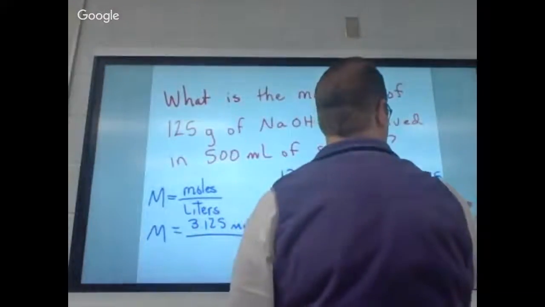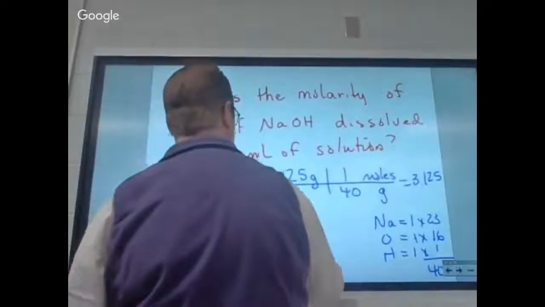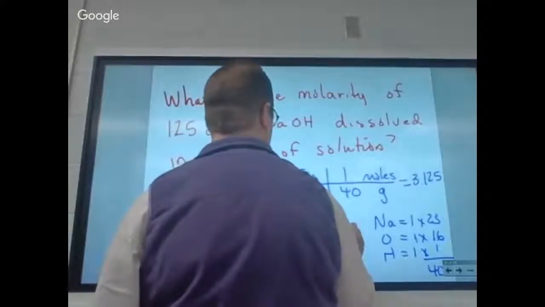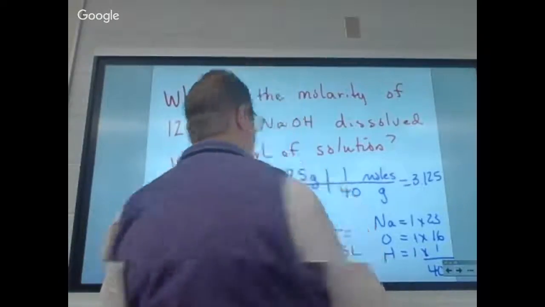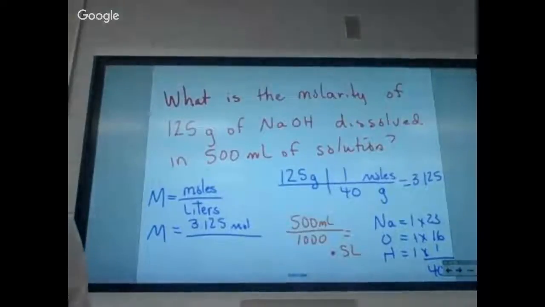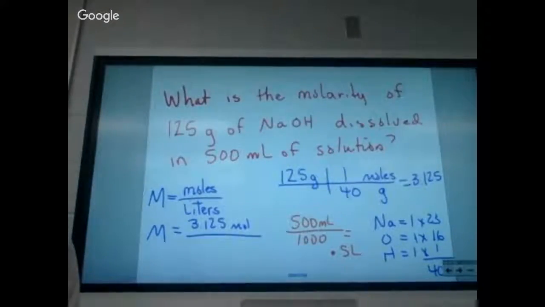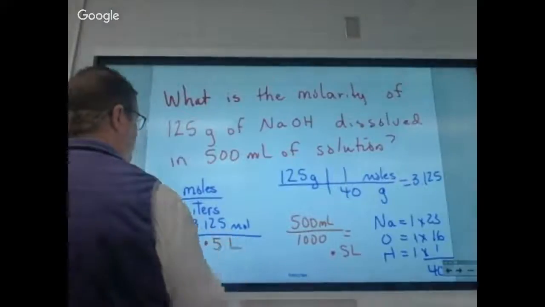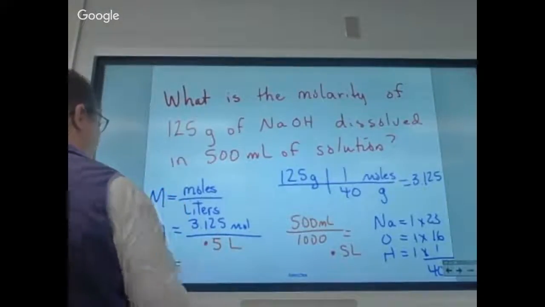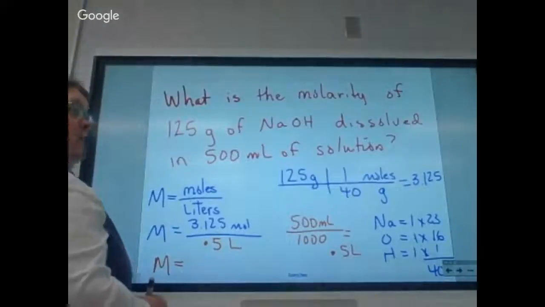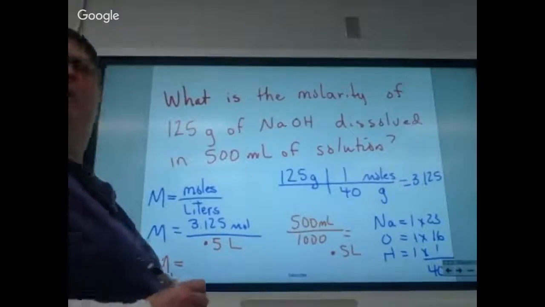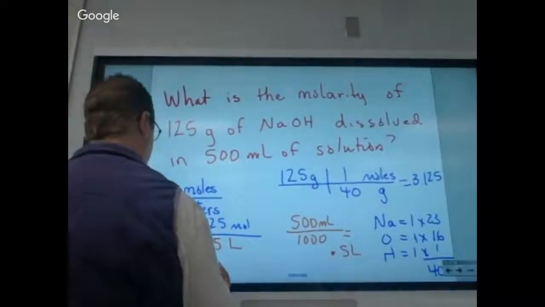All right, now, what am I going to do with that 500 milliliters? We're not done. No, that's just moles. Back in the gas laws I told you that 500 divided by 1,000 will give you liters, but you can draw a T-chart if you don't remember that. 3.1 moles divided by 0.5 liters gives you 6.25.